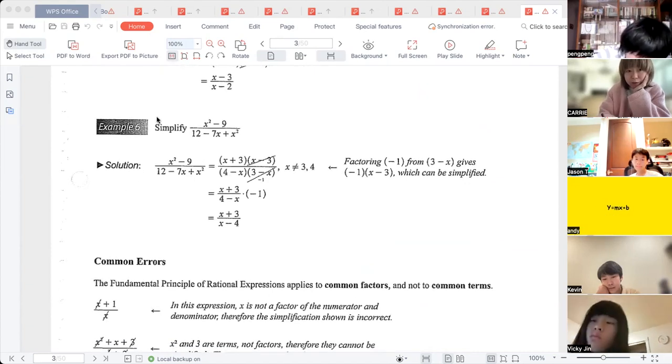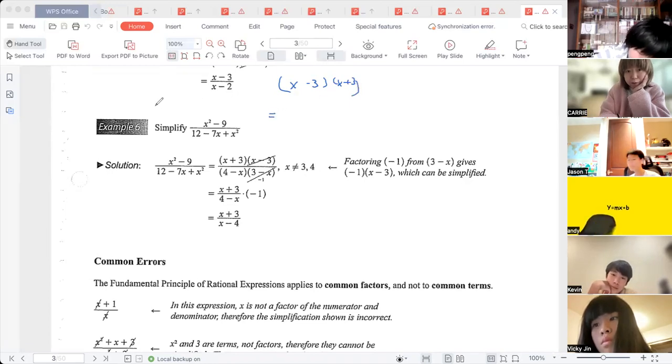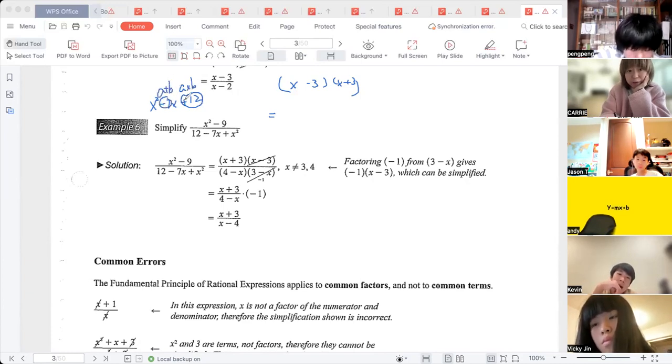So I'm going to ask all of you to redo it. So the top is x minus 3 times x plus 3, right? And this one, I'm going to rewrite it as x squared minus 7x plus 12. So if you take a look at this one, this is a times b, and -7 is a plus b. So you know a equals -3 and b equals -4.